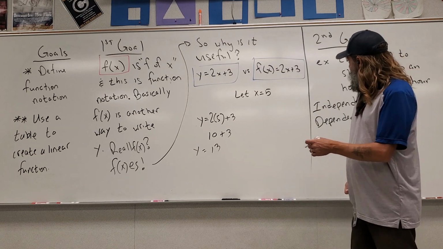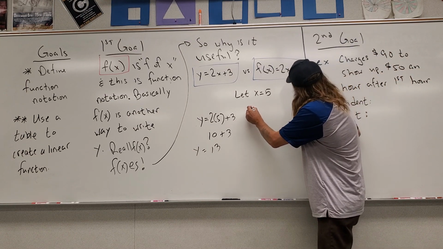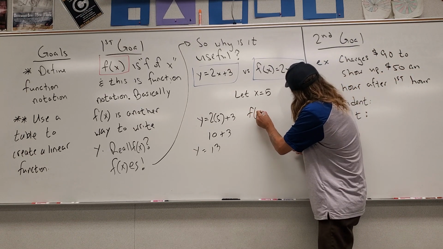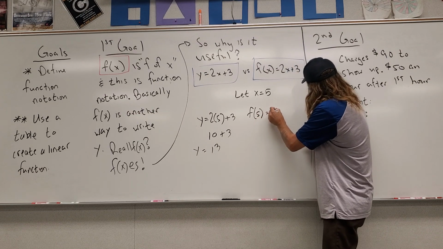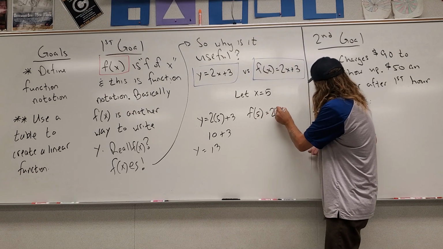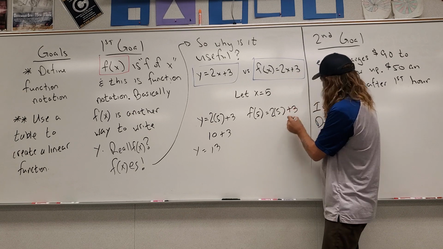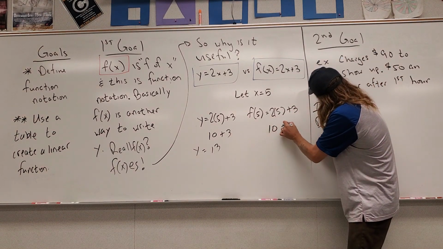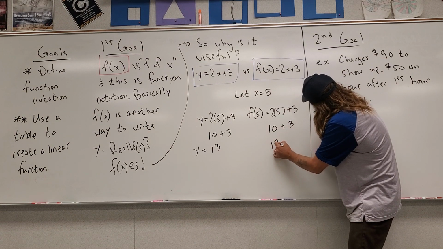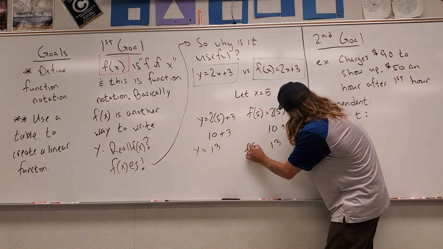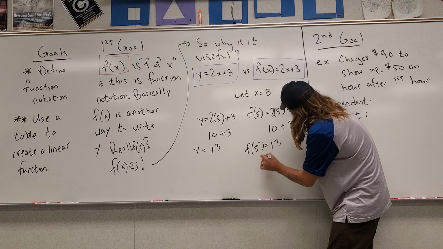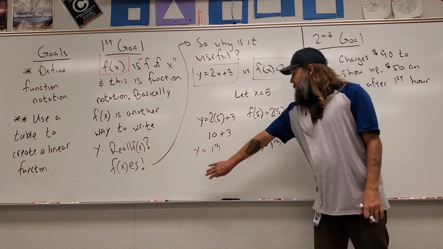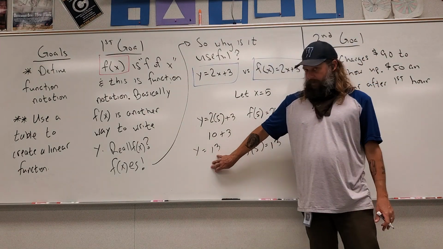So it should be written as f of 5 equals 2 times 5 plus 3. And then 2 times 5 gives me 10, plus 3, that gives me 13. And I know that f of 5 is equal to 13, as opposed to y equals 13.